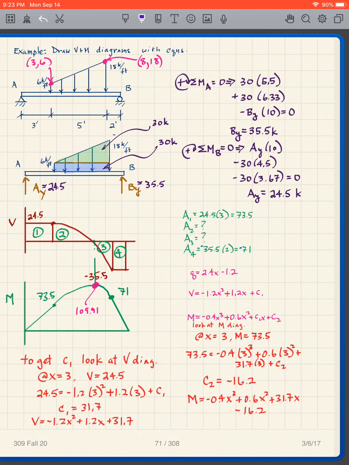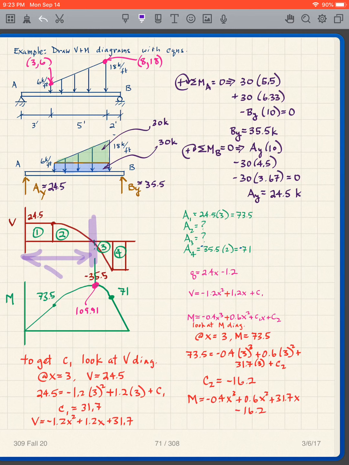So what I really want to do is get that value there. And how do I get that value? Well, I note that V equals 0 at this distance x. So I want to get this distance x.